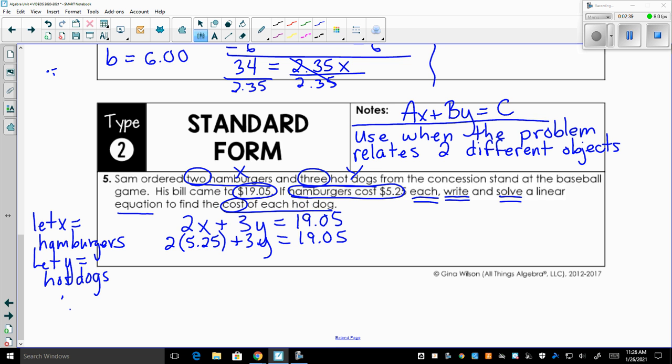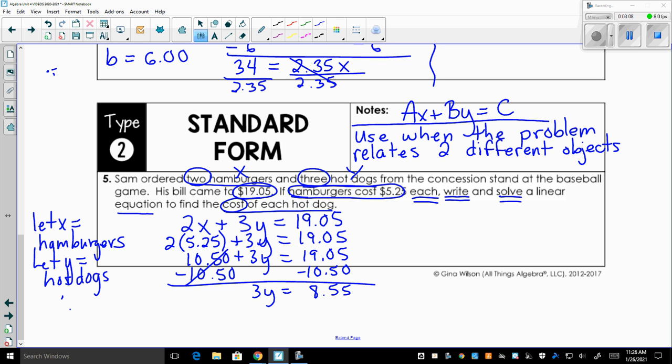So 2 times $5.25 is $10.50, plus 3y equals $19.05. And let's subtract $10.50 from both sides. These cancel each other out. I have 3y equals $8.55.